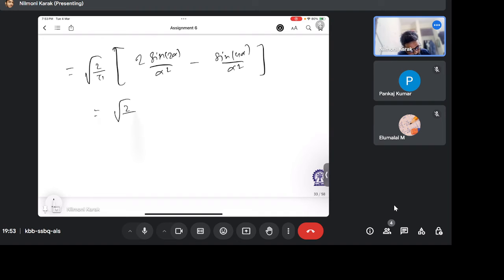So that is the final answer. It will be alpha square, 2 sine 2 alpha minus sine 4 alpha.